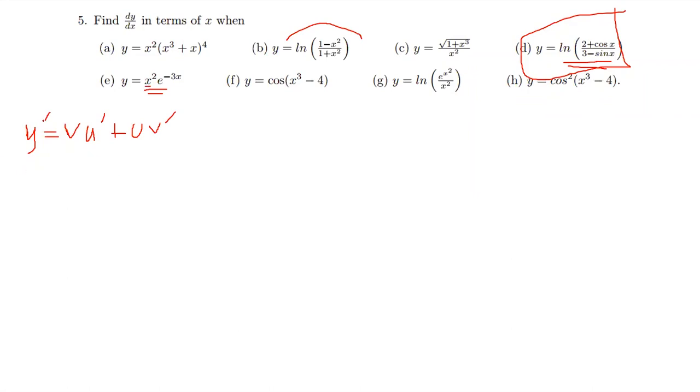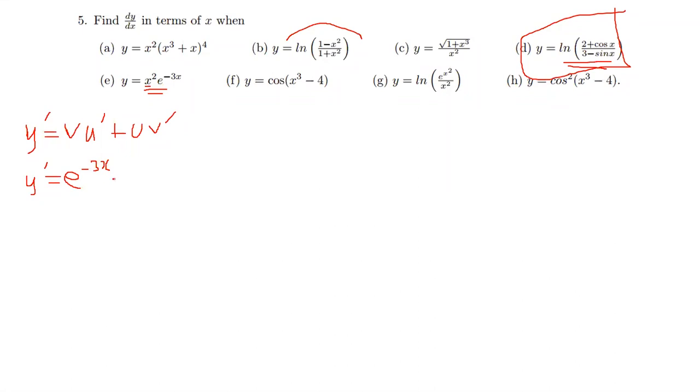So to find our y prime using the product rule there, we're going to say v, which is e to the power negative 3x, times u prime.